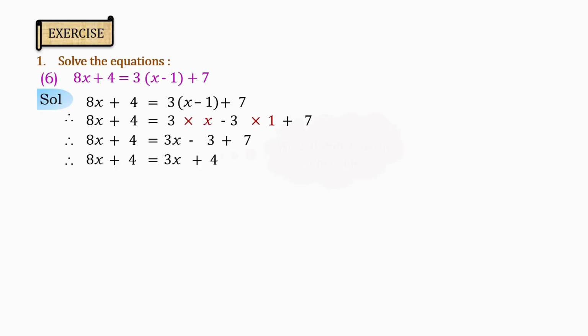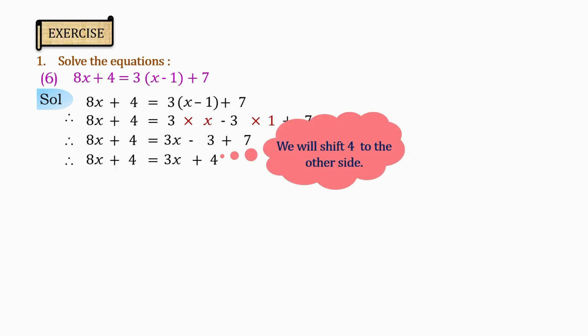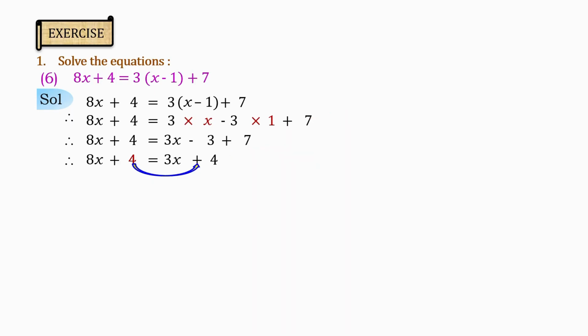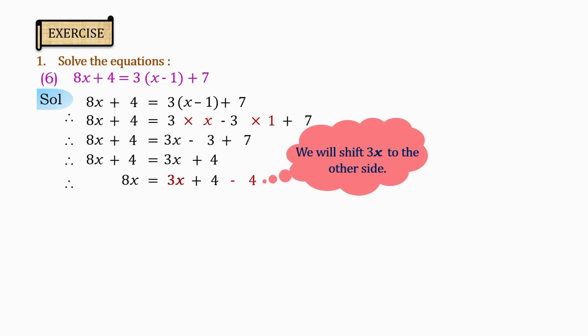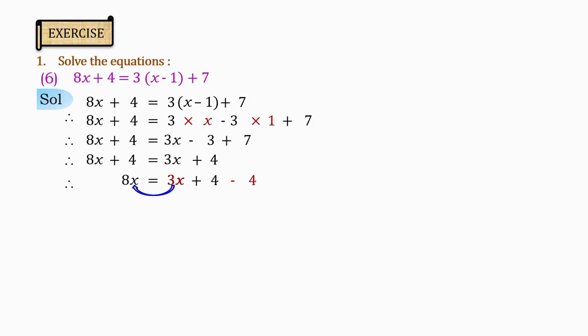So now we are going to put this 4 on one side and it will change the sign. Now we will shift 3x to the other side and we'll change the sign.